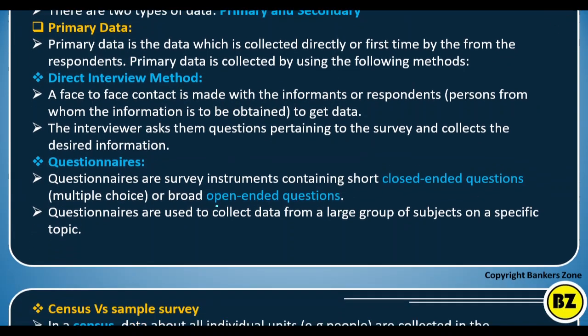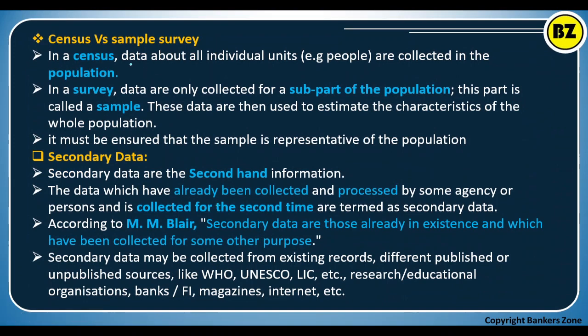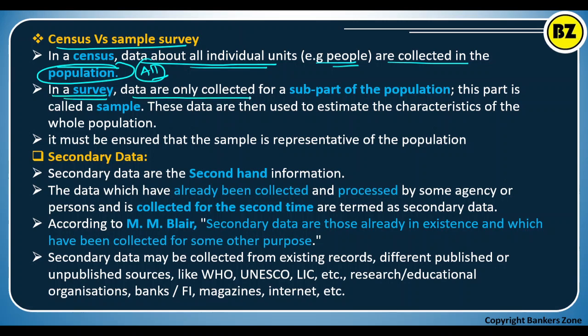Now apart from that, see census versus sample survey. Very easy. In a census, data about all the individual units, for example people, is collected, and that is nothing but the population. All data is nothing but the population. Now in a survey, data are collected only on a subpart of the population.